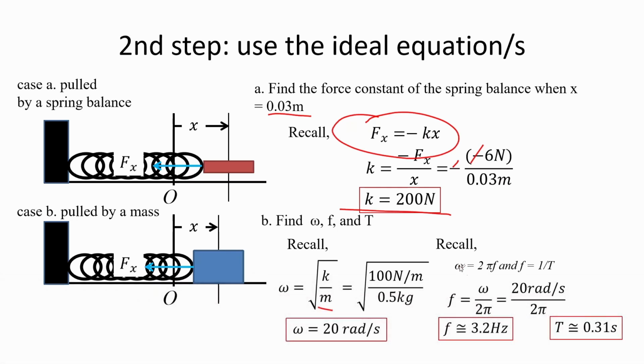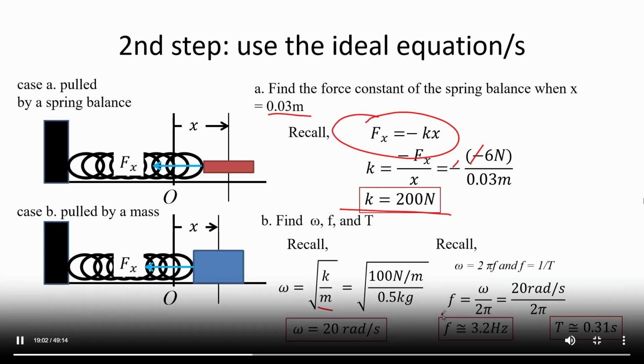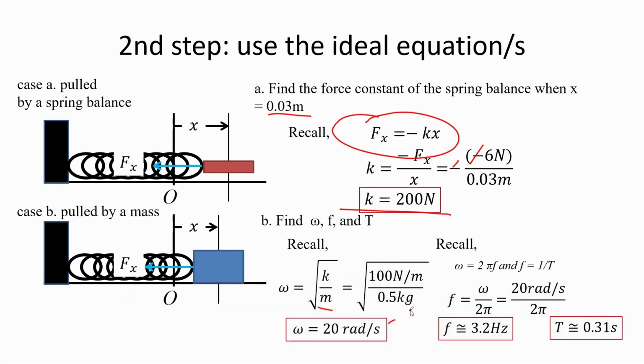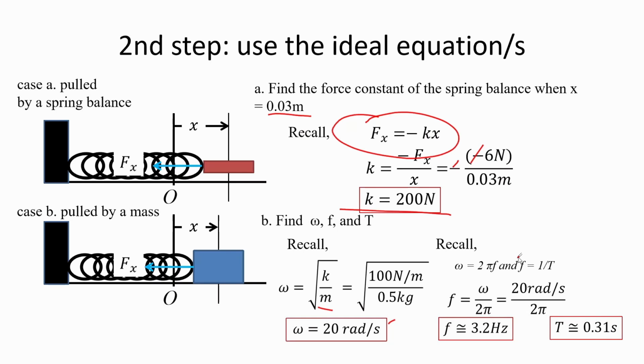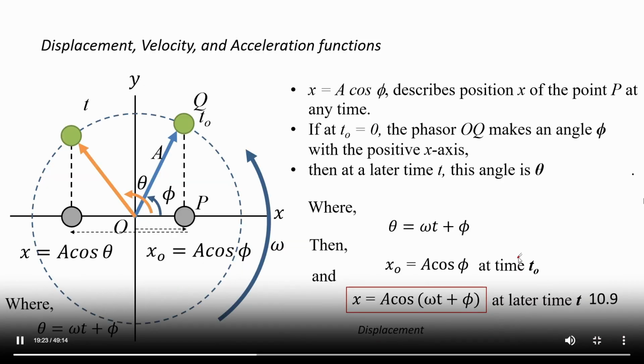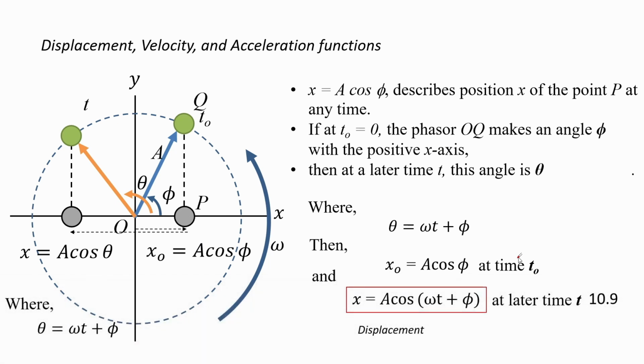So f is equal to omega over 2 pi, which is 20 radians per second, solved earlier, divided by 2 pi. So that's frequency is 3.2 hertz. And we take the inverse of this one, then you arrive at the expression for the period, 0.31 seconds. Now let's talk about displacement, velocity, and acceleration functions.